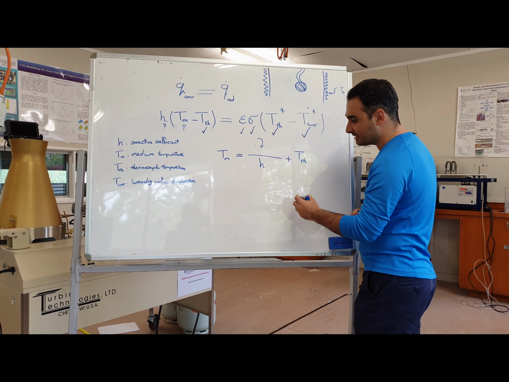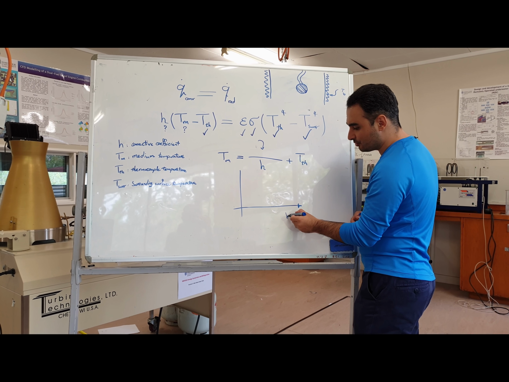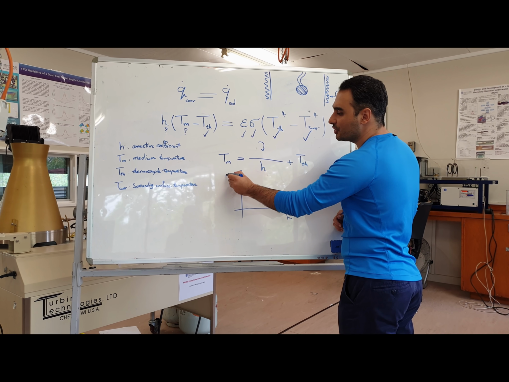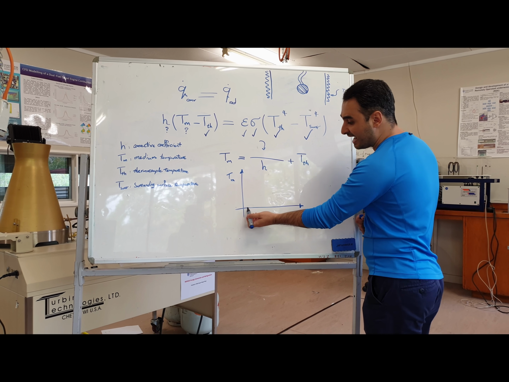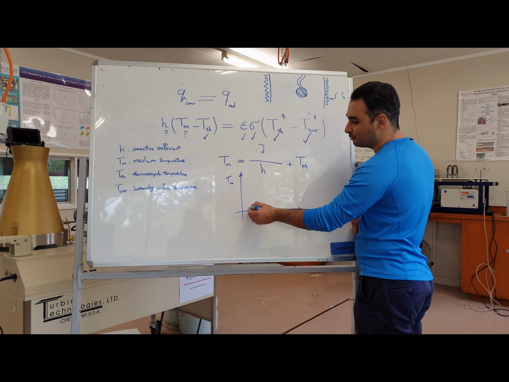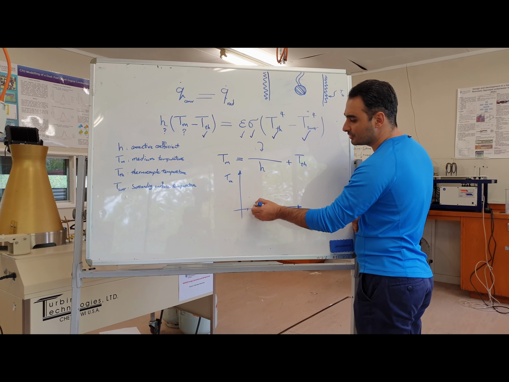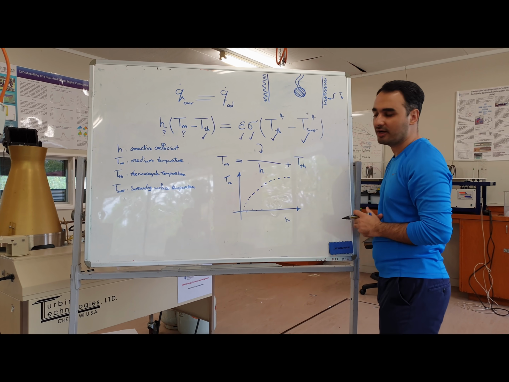So to do that, you are going to draw a graph. X is going to be your H and Y is going to be your medium temperature. And gradually increase H and get Tm. For example, you put 10, 1, 2, 3, 4, 5 in an Excel file and get this type of graph.